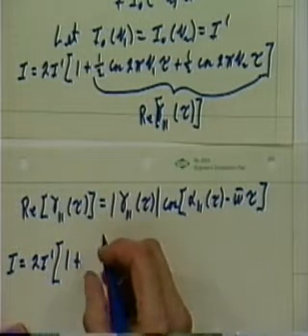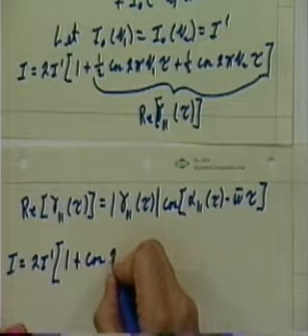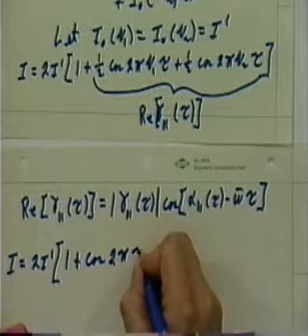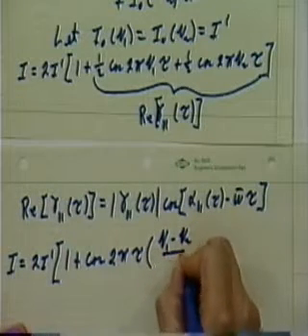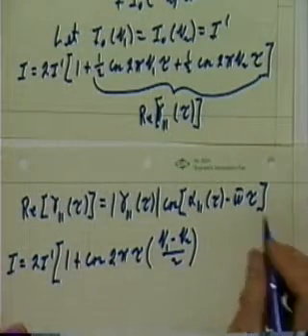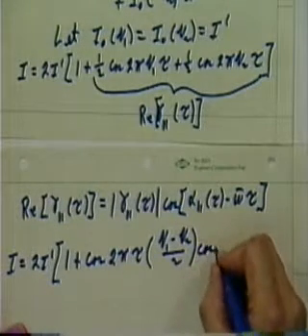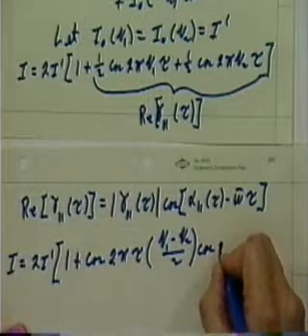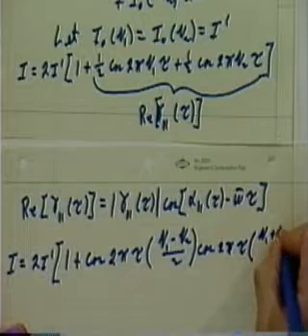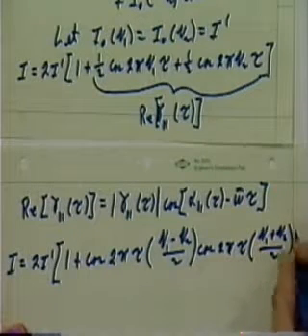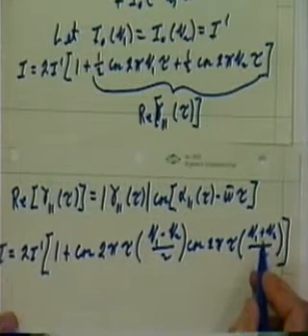And so that becomes cosine 2 pi tau nu 1 minus nu 2 over 2. Just what we did earlier in the semester. Cosine 2 pi tau nu 1 plus nu 2 over 2. So we have the difference here, and we have the sum there.